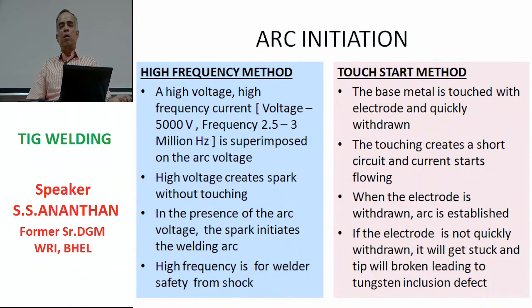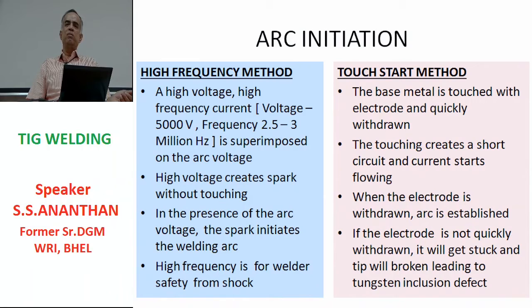That means the current flows only in the outer skin of the conductor, and even if the welder by chance touches this power supply, the current will go through only the outermost skin of the body, and it will not have any effect. So for safety purposes, the high frequency voltage is really used.